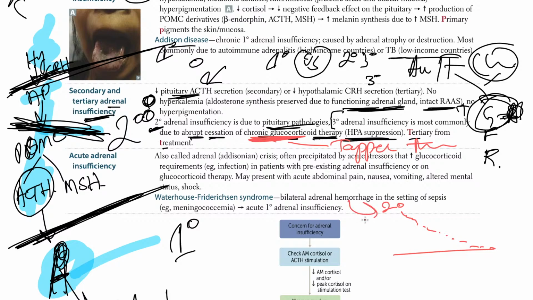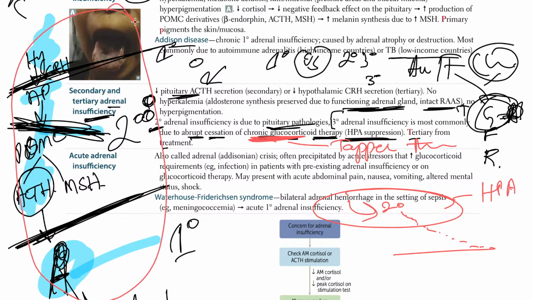Because when you give someone glucocorticoid from outside, it suppresses their HPA axis, which is all of this that I mentioned here. This HPA, hypothalamus-pituitary-adrenal axis, the whole thing gets suppressed, and the body just relies on whatever you're giving from outside.